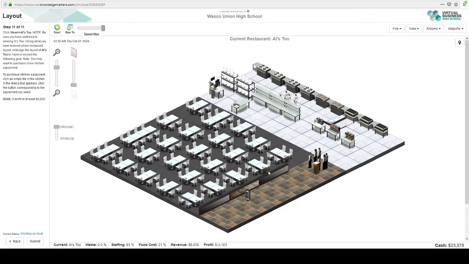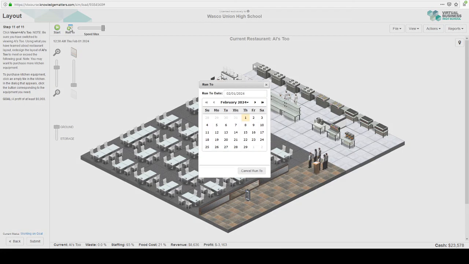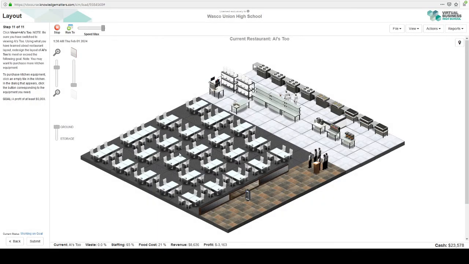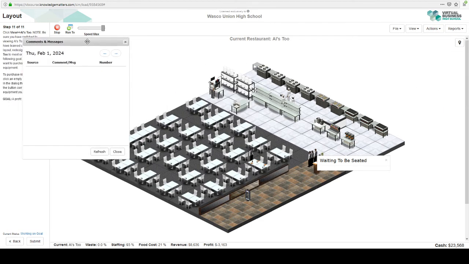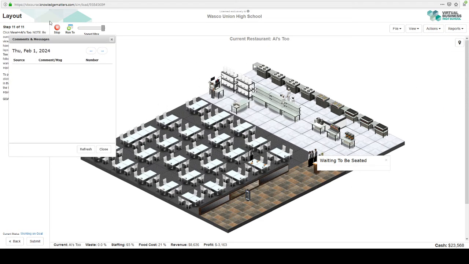Let's give this a shot and see if we get a better result. So let's run it forward to, I guess we'll do the 11th. Let's see what happens here. So we can take a look at this, see what people are saying, and observe how many people have to wait.